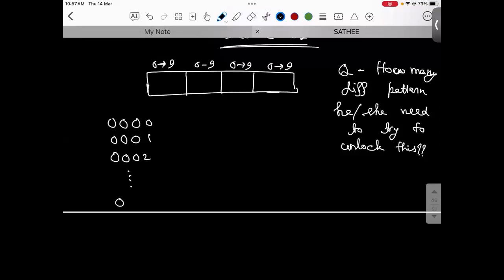After that it will come like 0 0 1 0, 0 0 1 1, and so on. Like this you have to write each particular combination, and at the end you have to count how many combinations of four numbers you obtain. Correct?